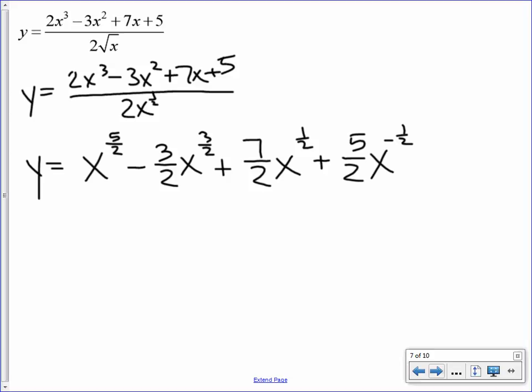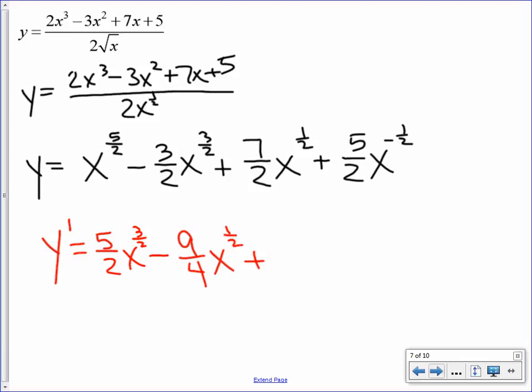Okay. Now let's take the derivative using the power rule. X to the 5/2 becomes what? 5/2 x to the 3. Minus, we drop the power, so that coefficient's now 9/4, and then x to the 1/2.